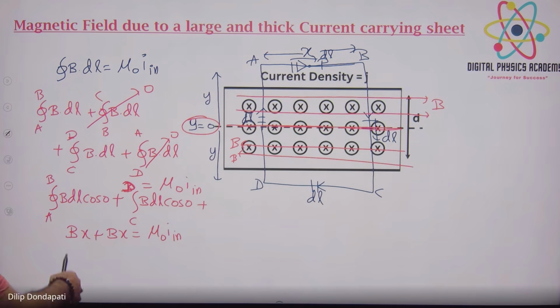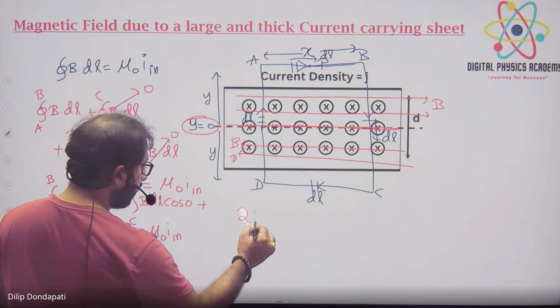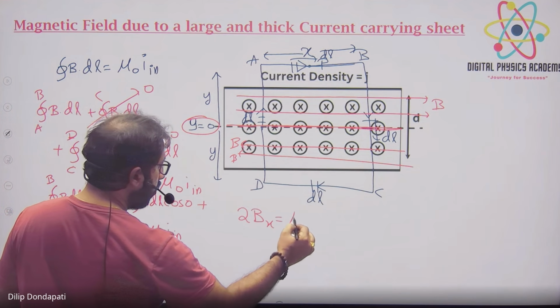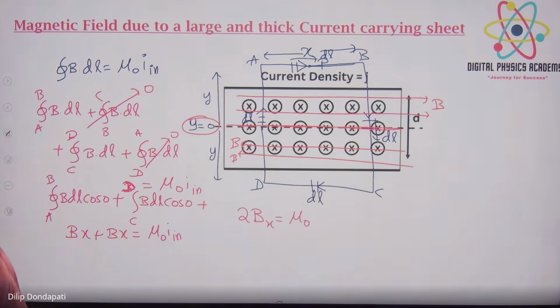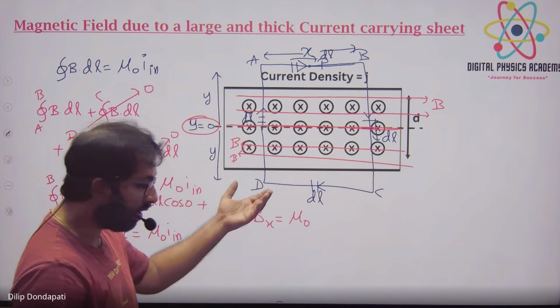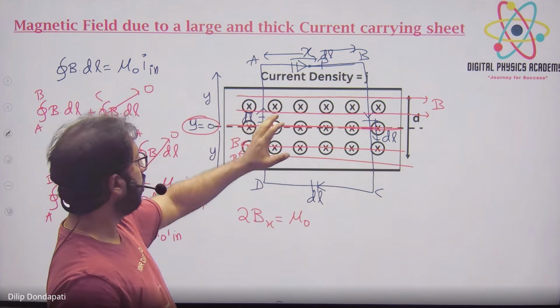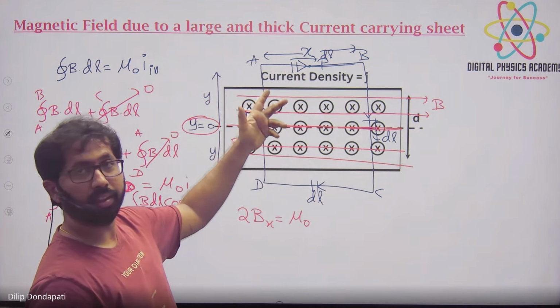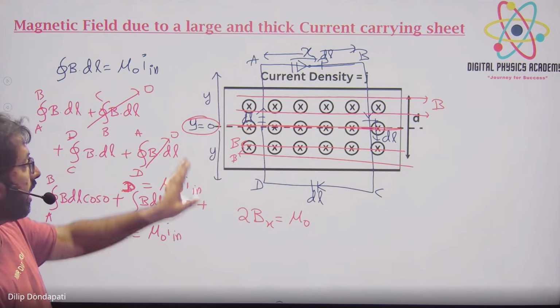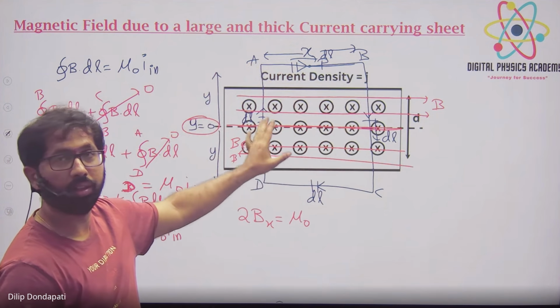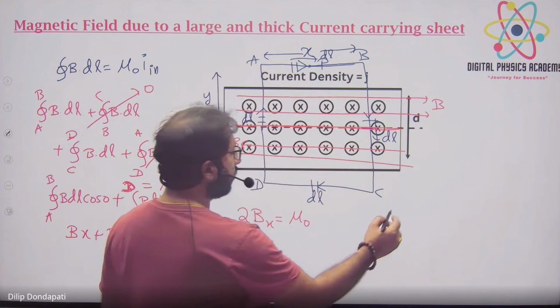So Bx plus Bx is 2Bx, equal to mu naught times, now tell me, how much current is inside? Total current is I, but how much current is inside this loop? That's why we are using area, distributing using the current density.